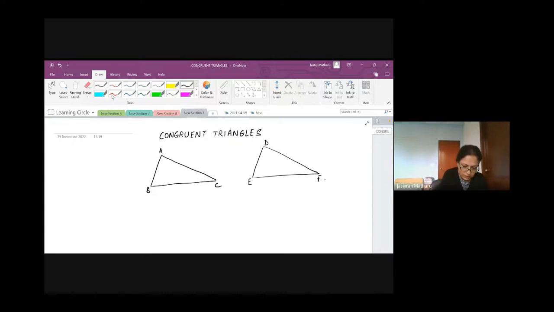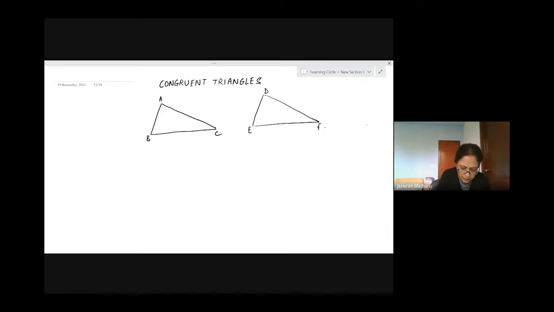So we can say that side AB is equal in measure to side DE. Side BC is equal in measure to side EF, and side AC is equal in measure to side DF.